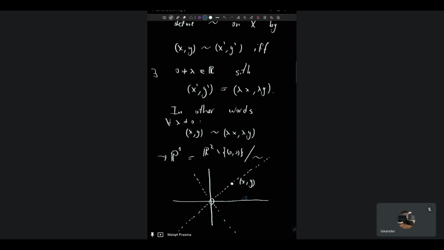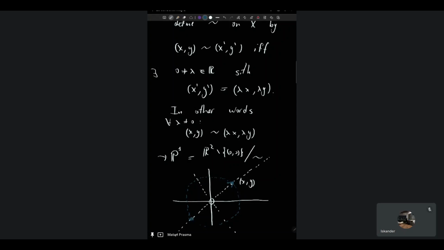And I can use a slightly different geometric description by saying I take the circle with radius 1. This is called the unit circle. On the circle with radius 1, for every element in the circle, I identify the so-called antipodal element.